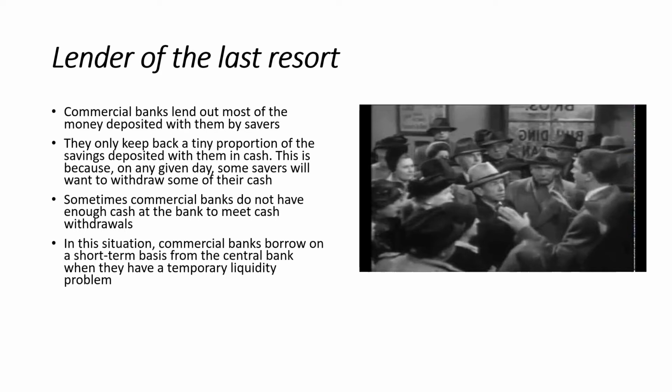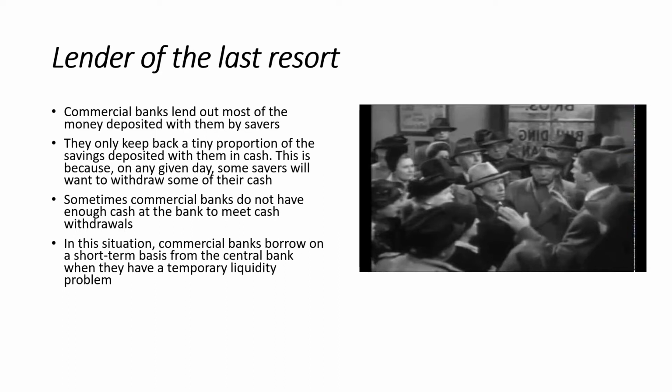And in this situation, commercial banks borrow on a short-term basis from the central bank when they've got a temporary liquidity problem, when they haven't quite got enough cash in their bank vaults to meet all of their customers who have happened to come into the bank on that particular day wanting some of their cash savings out.